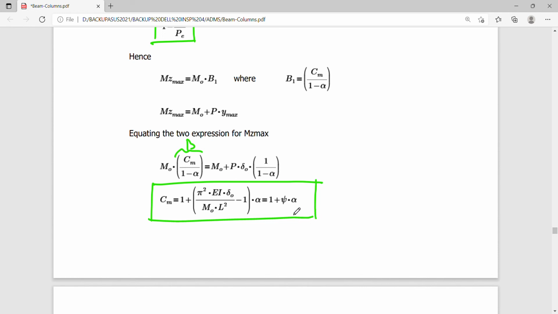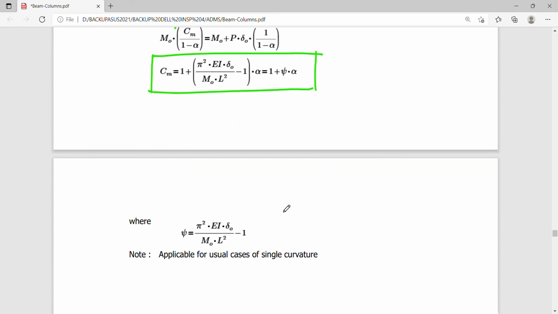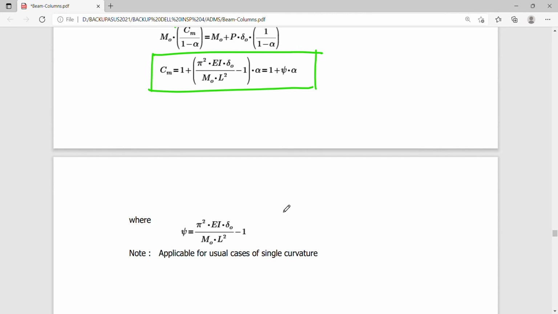The formula for Cm is actually tabulated in some tables. And if you take note, this value here is simply a psi value, another coefficient defined on the basis of the parameters involved, the moment and the flexural rigidity.